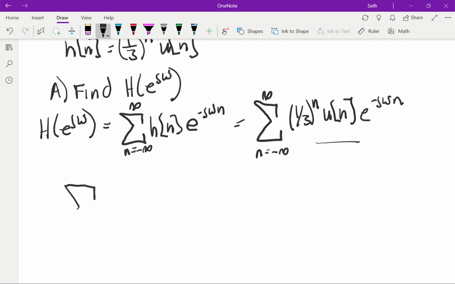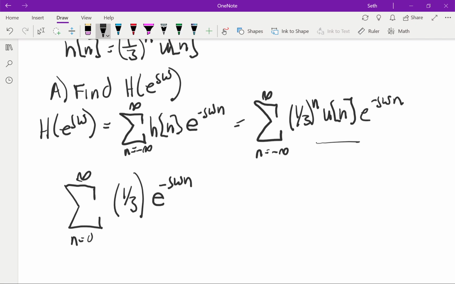So our new bounds are n equals 0 to infinity, because the negative terms are just 0. And we can get rid of the step function now, because its magnitude is just 1 for values of n greater than 0, so there's no point in writing it.